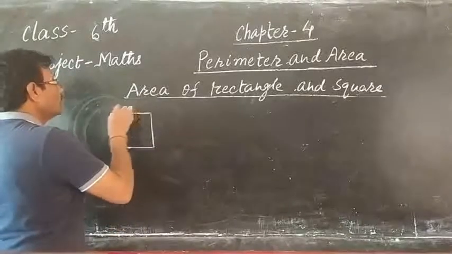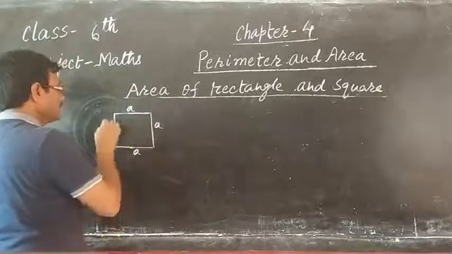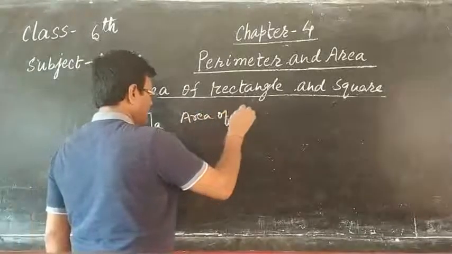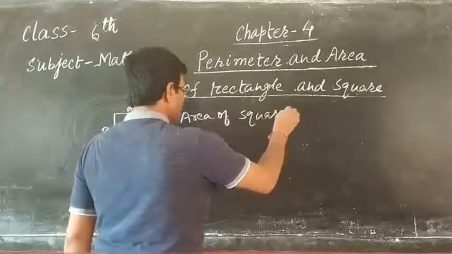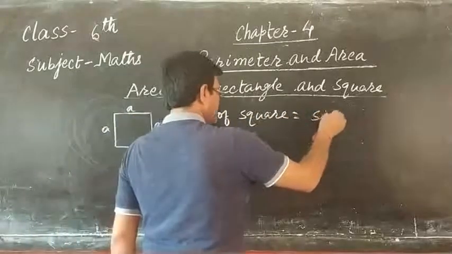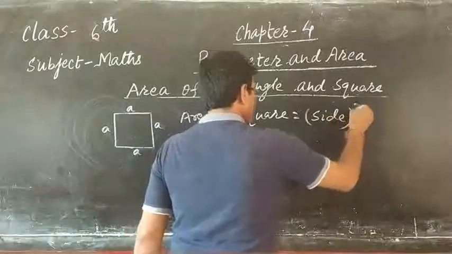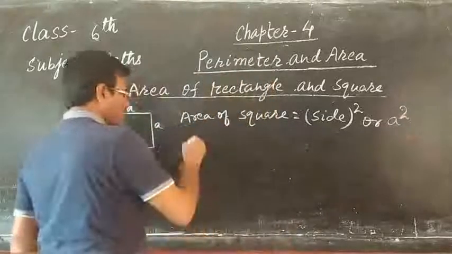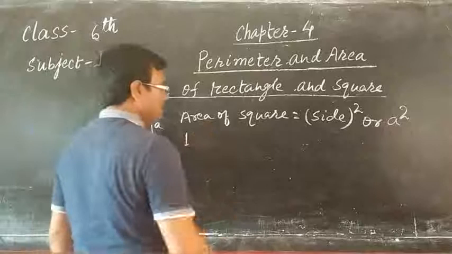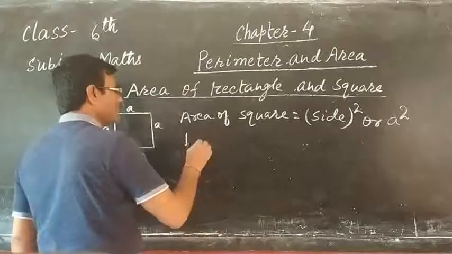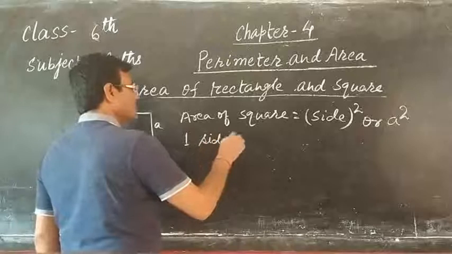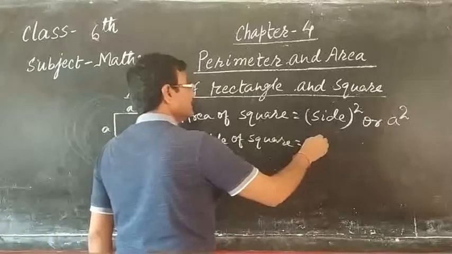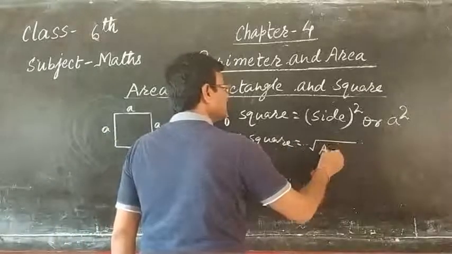Each side is of A. Then area of a square is equal to side square, or A square. Now by the area we can get one side of a square. One side of a square is equal to root under area.